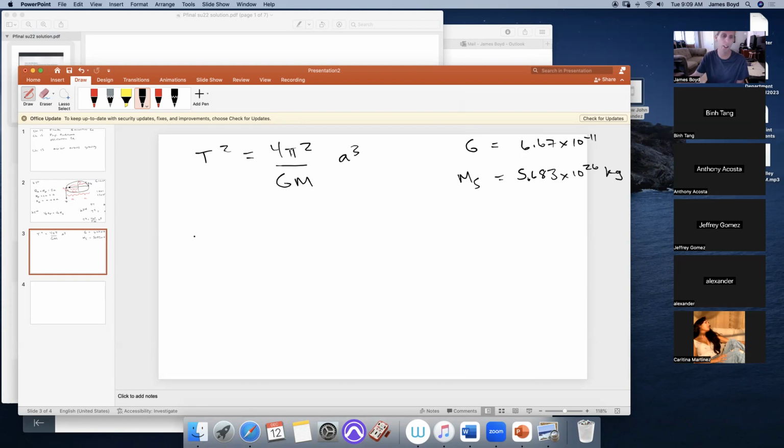One thing to note, if I move everything over, I get T squared G mass of Saturn over 4 pi squared. We're trying to find A first, the semi-major axis.